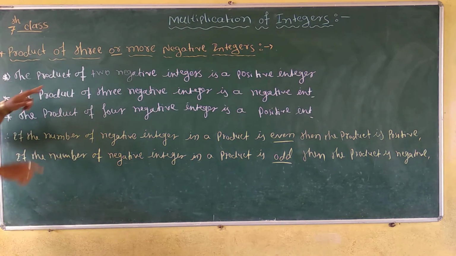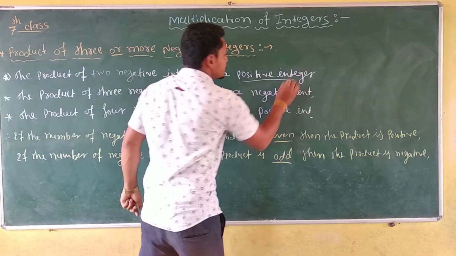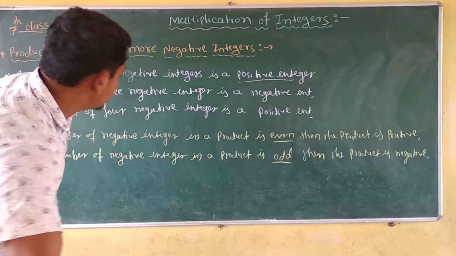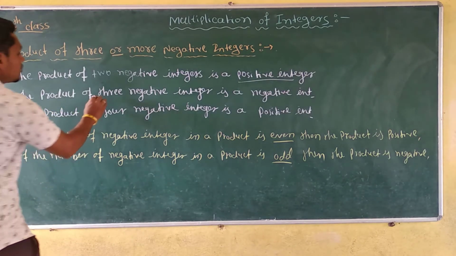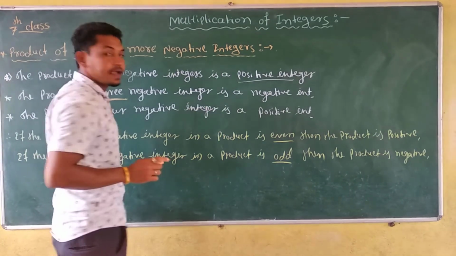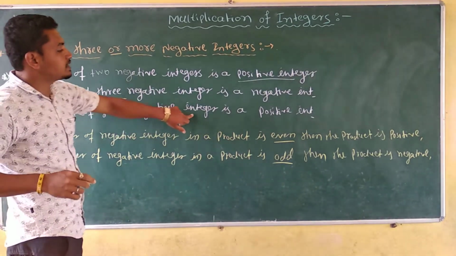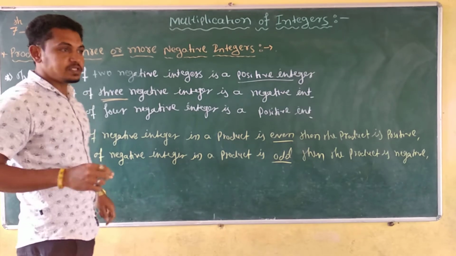Here the product of two negative integers is a positive integer. Next, the product of three negative integers is a negative integer. The next, the product of four negative integers is a positive integer.